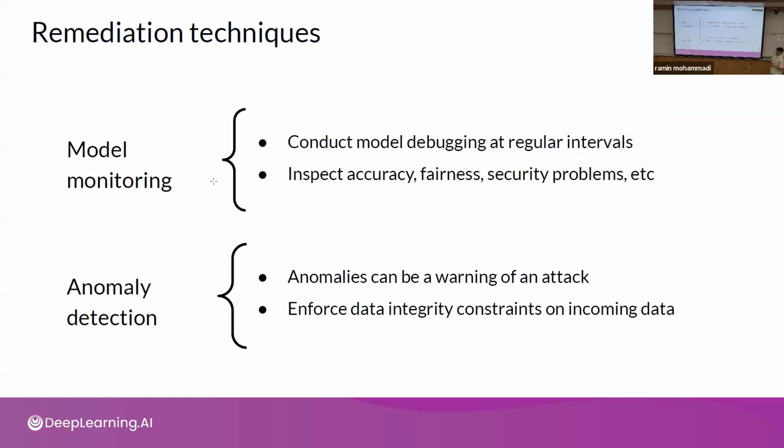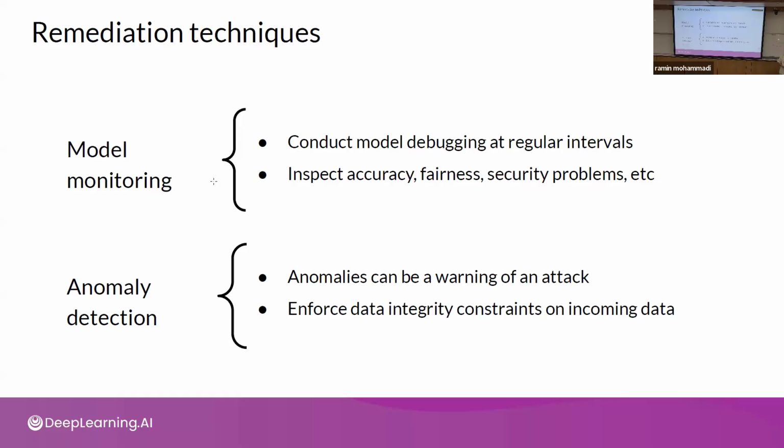Then you do model monitoring and anomaly detection. Again, for model monitoring, the idea is to be sure that you monitor your model across time, on certain intervals or continuously, depending on your use case. Inspect for accuracy, fairness, security breaches, or if something is changing in your model. And for anomaly detection, just be sure that you have a way of dealing with anomalies.